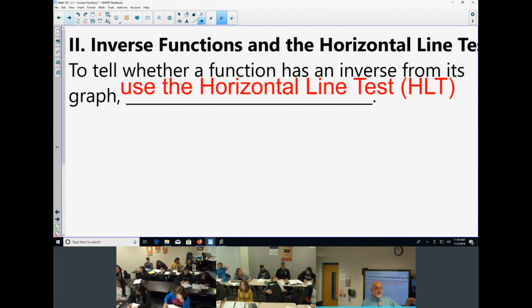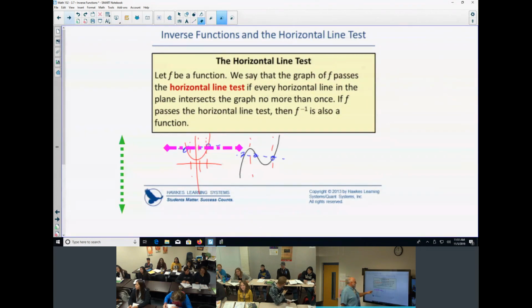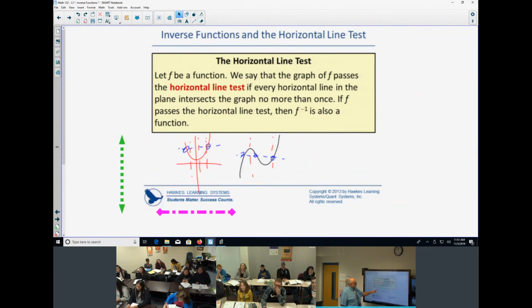Here's where my Catholic students have an advantage, because the Pope does the vertical line test and the horizontal line test. So you just do them in that order. So like here, would this be a function?